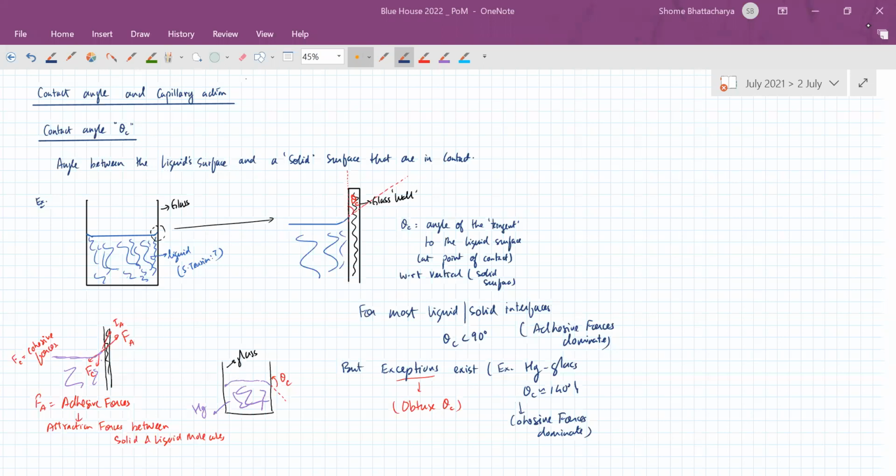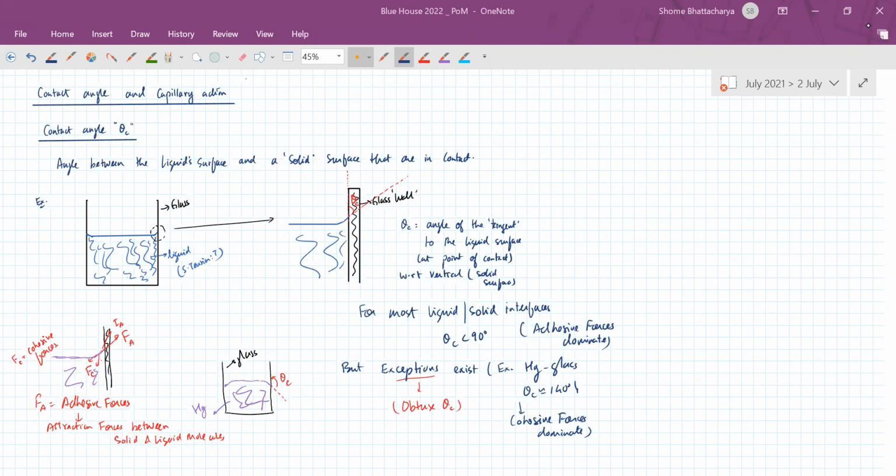Sir, what have you written beside FA in the adhesive forces diagram to the left? Adhesive forces, an attraction force between solid and liquid molecules. No, sir, above the tangent, there's an FA and then something like another one. What is that?